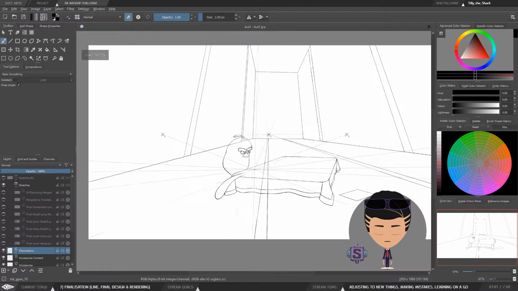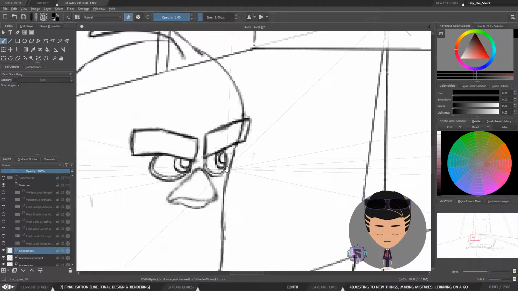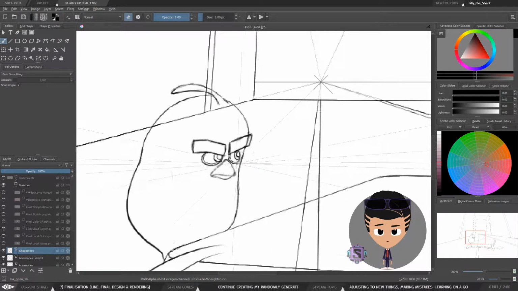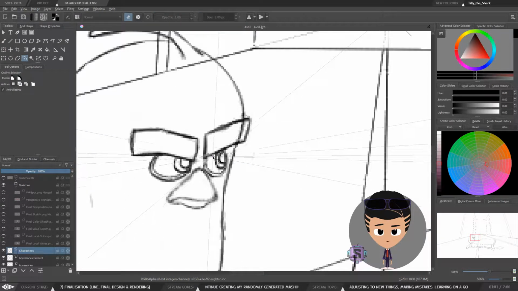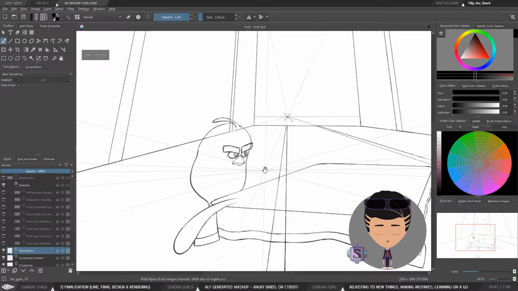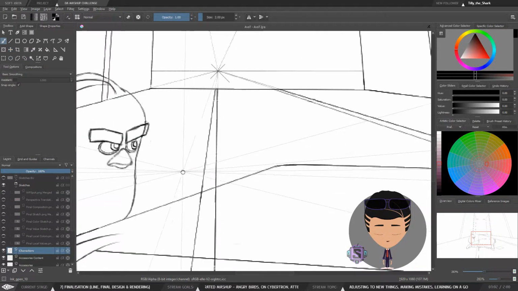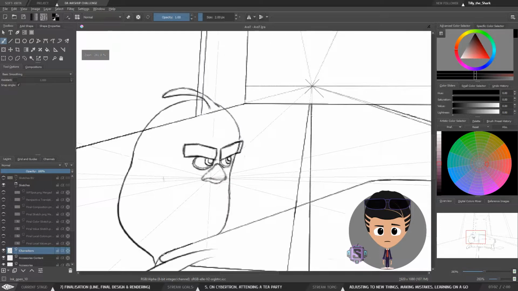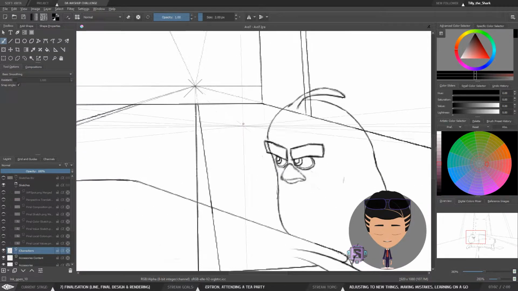It's like he's crazy. Actually, the eye looks pretty strange. Nope. We don't want Red to look crazy. We need a subtle, angry look.